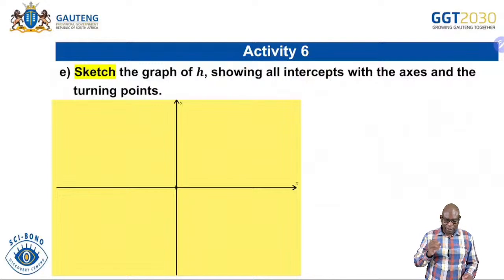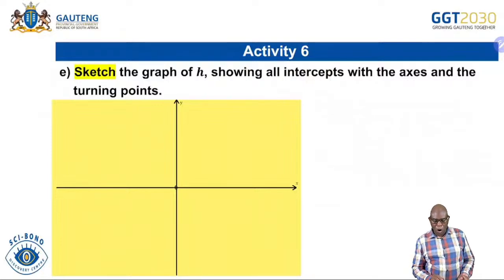Okay. Sketch the graph, showing all intercepts with the axis and the stationary points. So for you to get the marks, you must show all this. But already when I was doing all those things, I was showing you that these points can be put on the sketch. So now let's see if I can put this on the sketch.